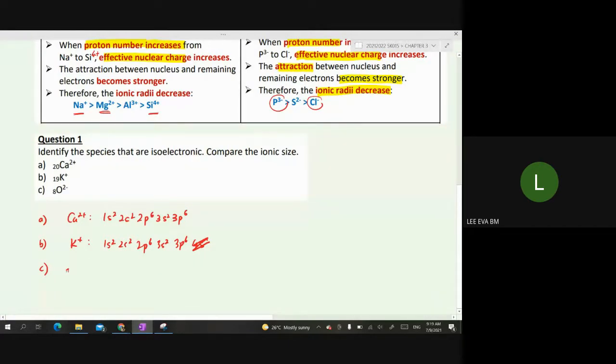Then for oxygen, we go up until 2p6 only, because originally it was until 2p4, after adding 2 more electrons, it becomes 2p6. So calcium 2 positive and potassium positive are your isoelectronic species. So which one is bigger in size?